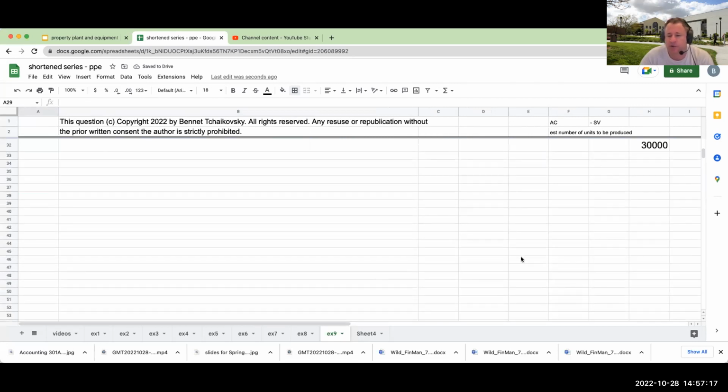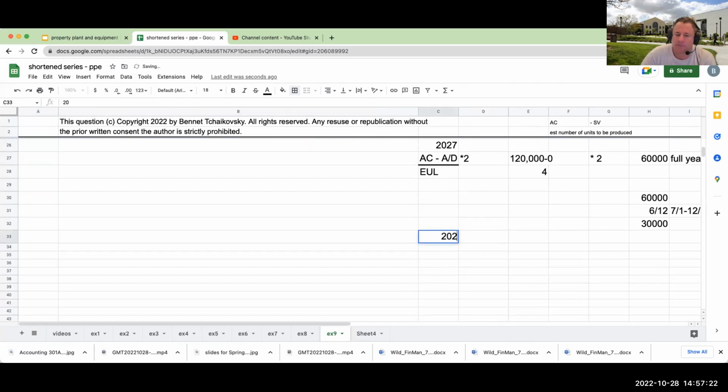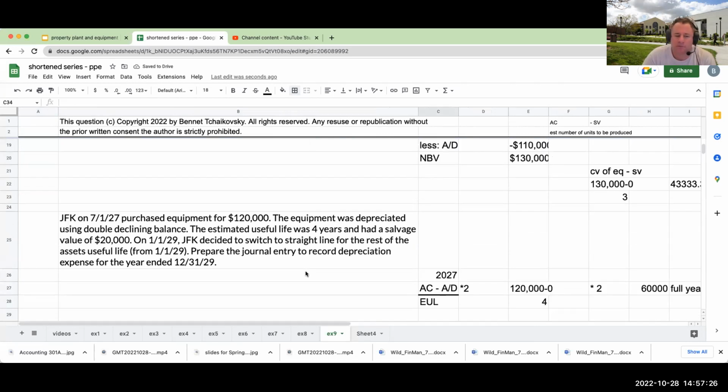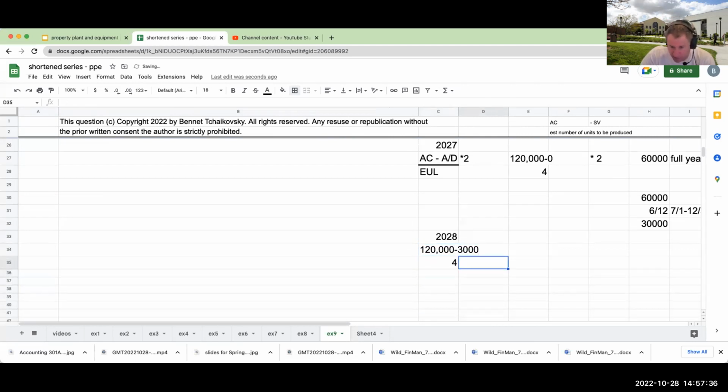Over here for 2028, my acquisition cost is still going to be 120,000. My accumulated depreciation is 30,000. My estimated useful life is 4. Multiply that by 2.